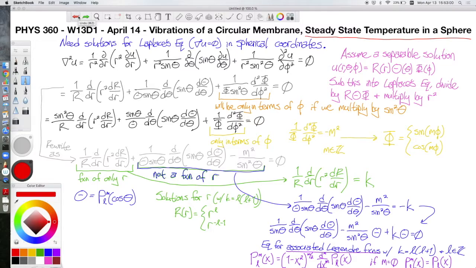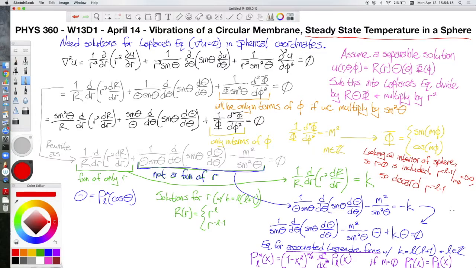We are asking in this problem about the interior of the sphere. So we need to include r equals 0 as part of our solution. And we assume that the interior of the sphere is not at infinite temperature. When you let r go to 0, one of these functions explodes, and we're going to have to discard that function. r to the negative L minus 1 evaluated at r equals 0 gives infinity, or an undefined solution if you're more formal about things than physicists are.